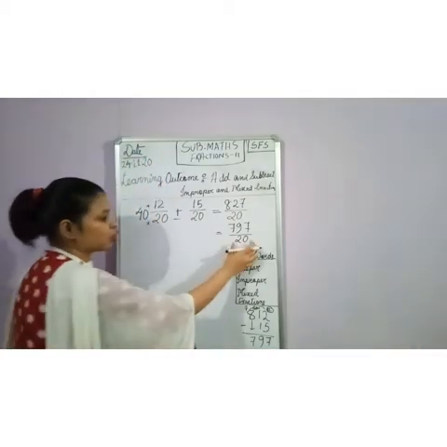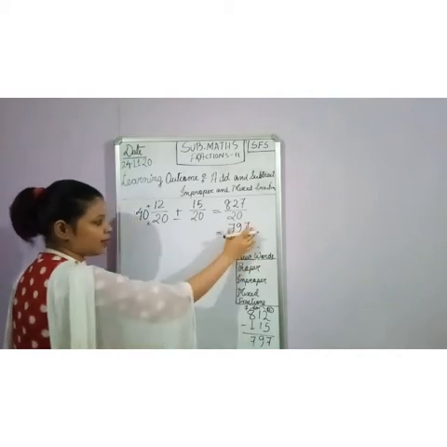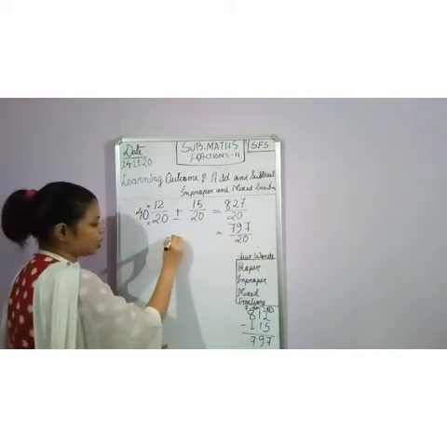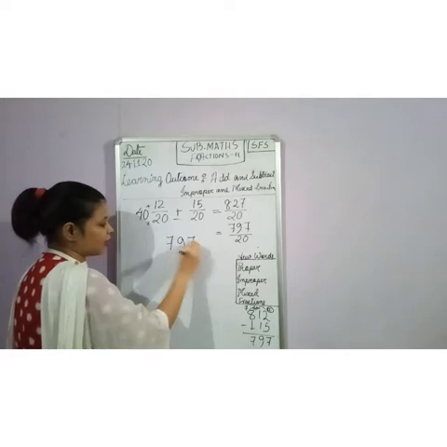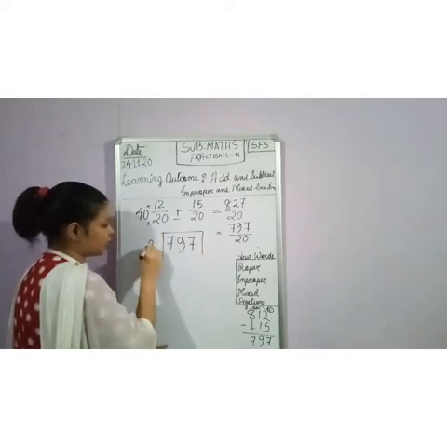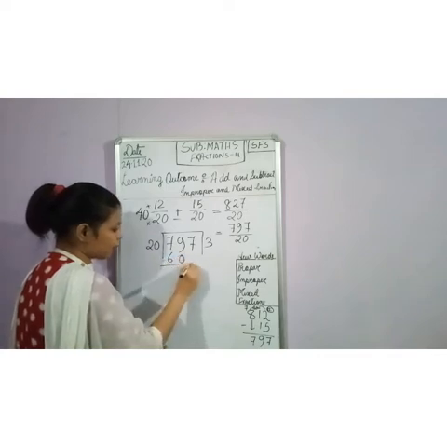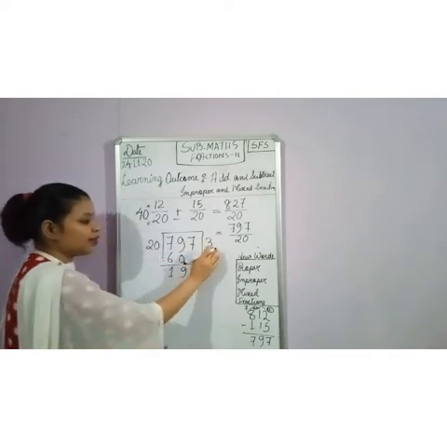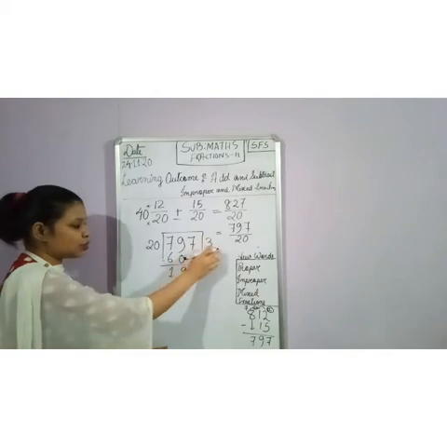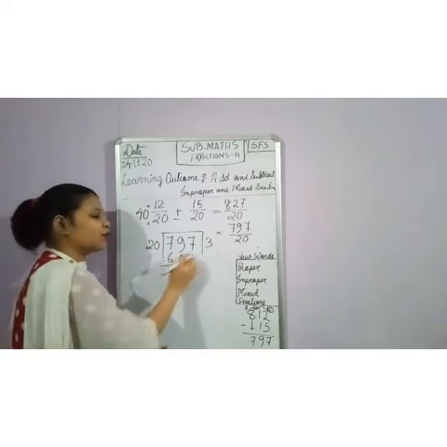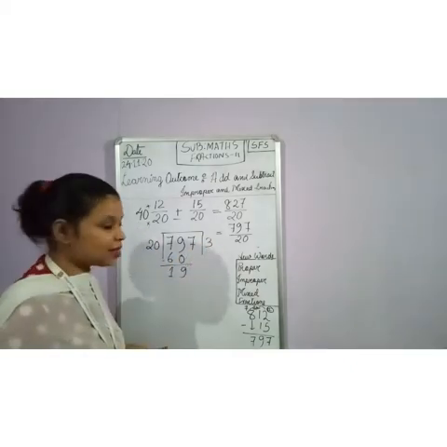Now suppose I show you this, what I have got, 797 by 20. Divide 797 by 20. I'll take 3 here, 60, 9 and 1. Why have I taken 3 here? Because 20 into 3 is 60, and 20 into 4 is 80, which is a bigger number than 79.